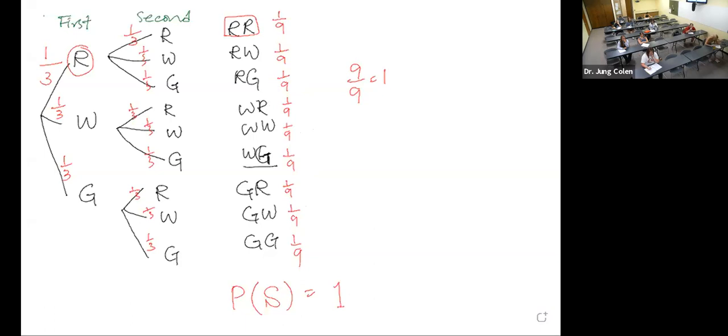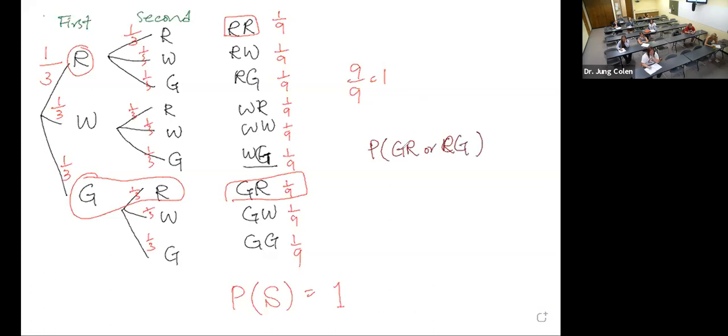Now let's look at the problem here. What is the probability of obtaining GR? So green first, then red. We are talking about this event, right? We already found the probability for that, which is 1/9. How about obtaining either GR or RG?